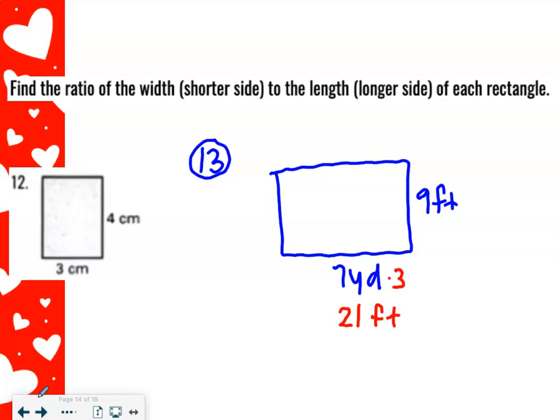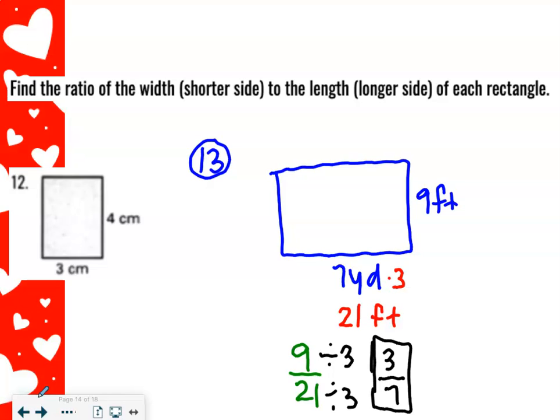So now to write my ratio, I want my shorter side, so 9 over 21. Can I reduce 9 over 21? Sure can, because 3 goes into both of them. So I'm going to have 3 over 7. Perfect.